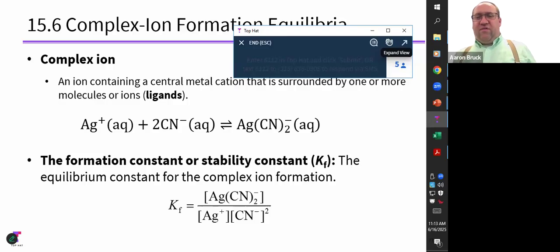The concentration of the complex is divided by the concentration of its constituents, the center atom and the ligand, squared up to however many ligands are attached. So in the case of this cyano complex, it's squared because there are two cyanides in that complex.